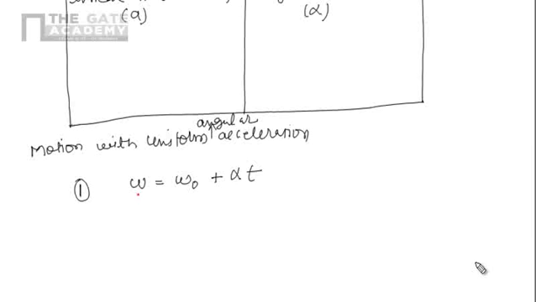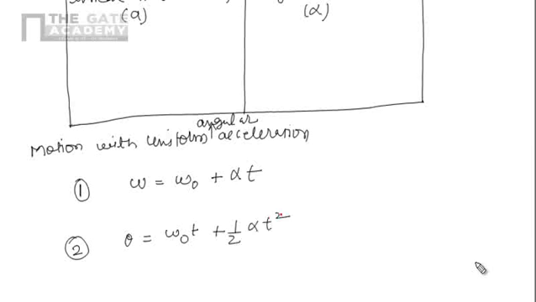So in place of v we have omega, in place of u we have omega naught, that is initial angular velocity. In place of linear acceleration a, we have alpha, that is angular acceleration. Similarly, the second equation for circular motion with uniform angular acceleration is theta equals omega naught t plus 1 by 2 alpha t square.